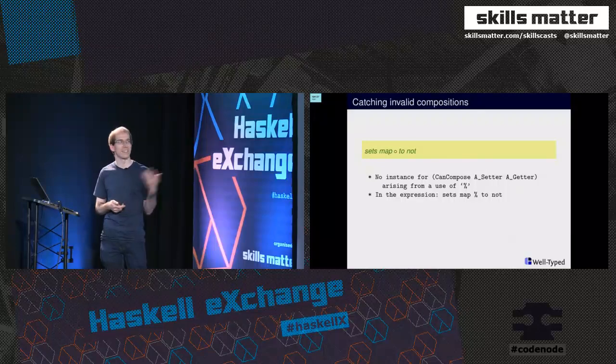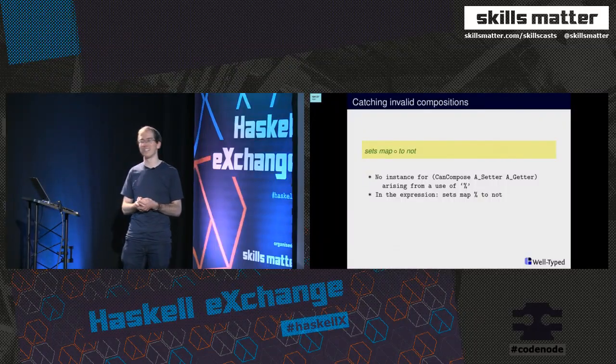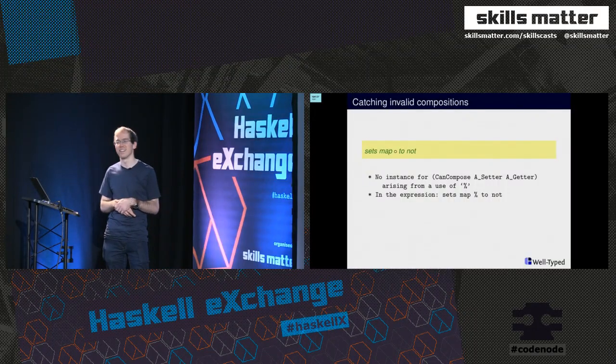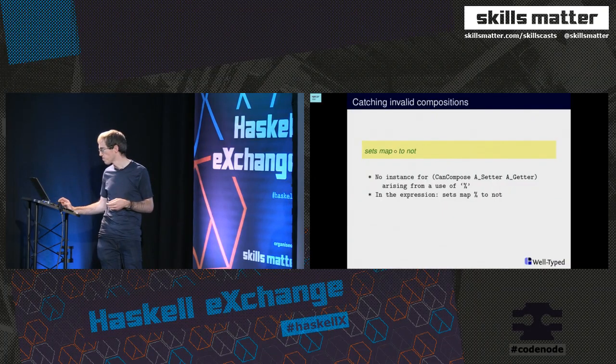Or indeed, with a little bit of extra detail behind the scenes, we can adjust the error message, and we'll have a class representing the possibility to compose two optics, and GHC's error message says more directly that these things can't be composed.